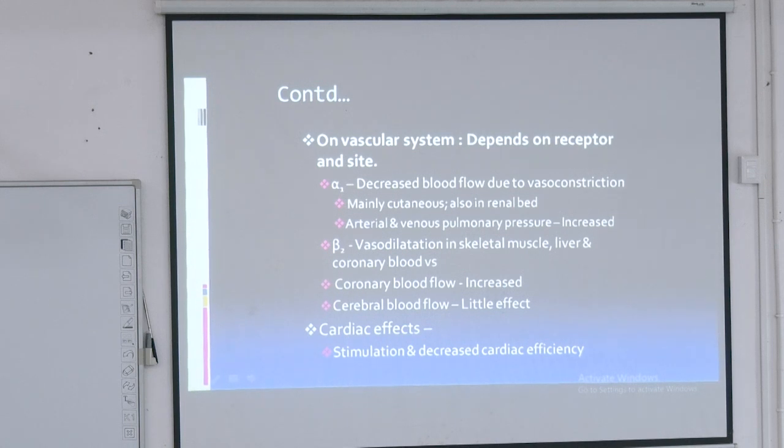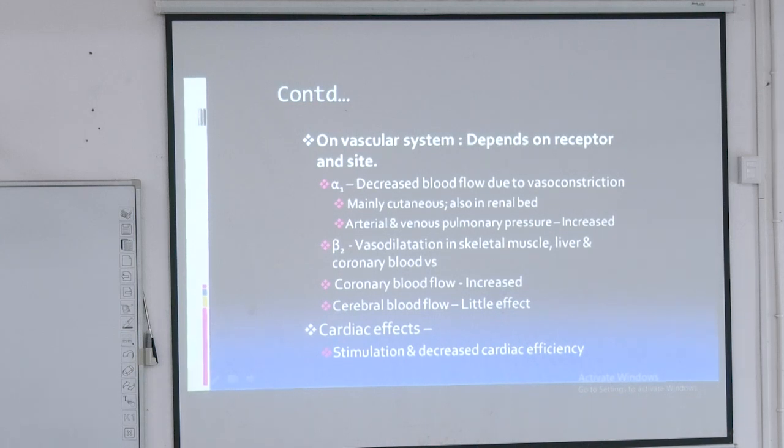It is not due to the receptor. It is due to the long diastole. Long diastole helps in filling the blood. That is why there will be increased coronary blood flow. Cerebral blood flow, very little effect normally, because there is the presence of auto-regulation. Even if there is a rise, it can be counteracted by this auto-regulation effect.